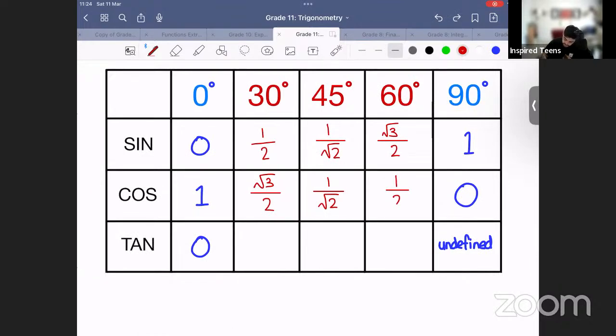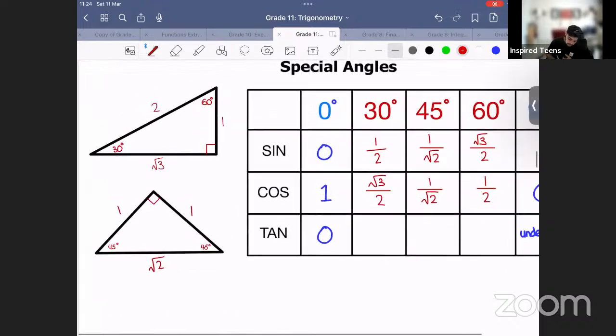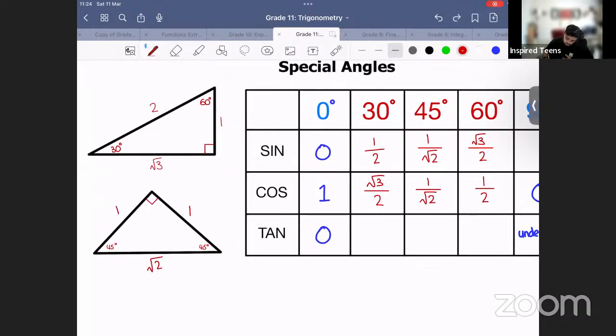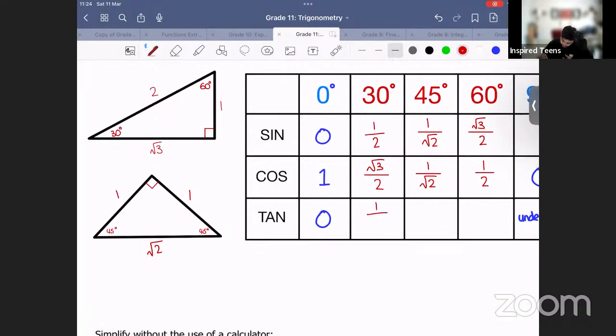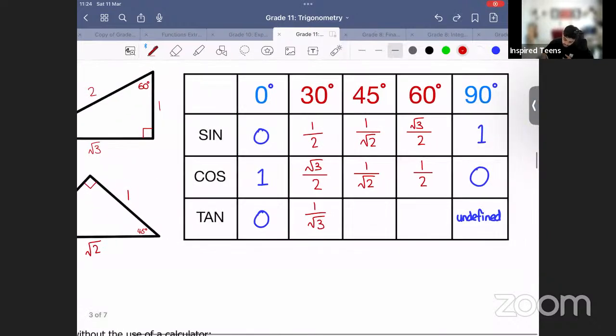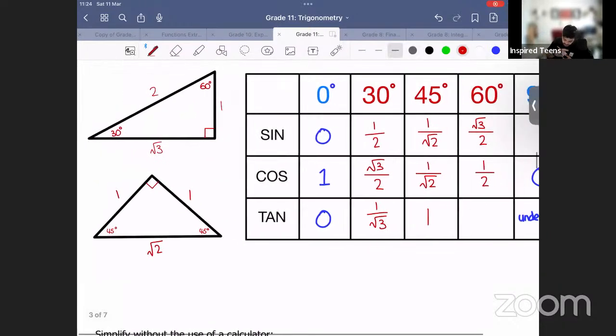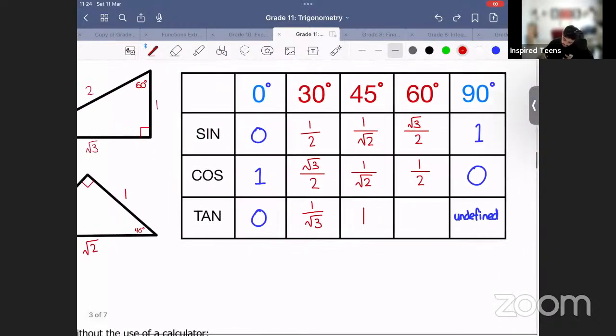We talk about tangent 30, opposite over adjacent, 1 over root 3. Tangent 45, opposite over adjacent, 1 over 1, 1. Tangent 60, opposite over adjacent, root 3 over 1, just root 3.